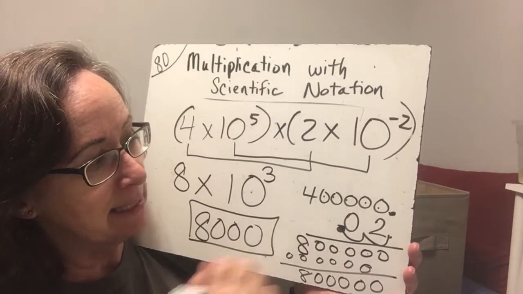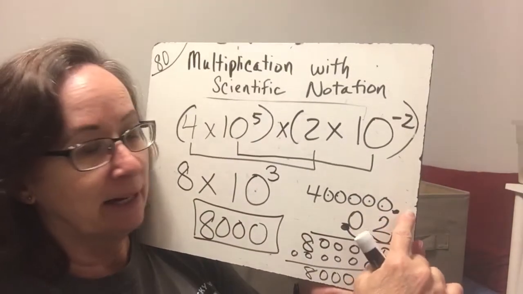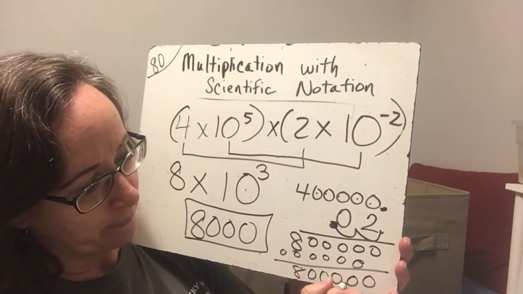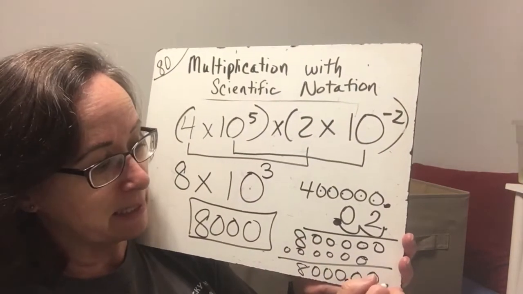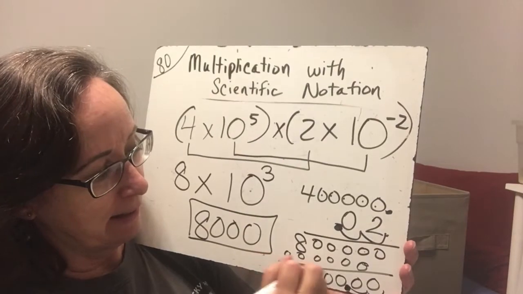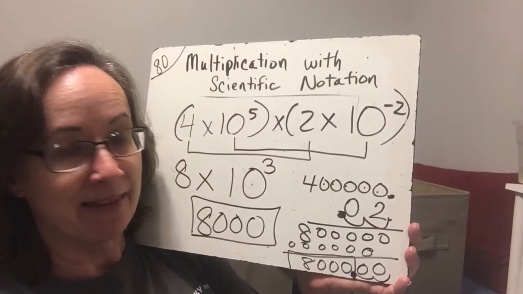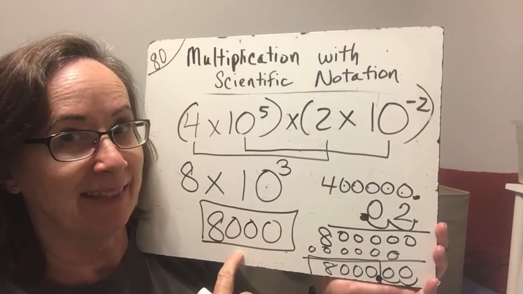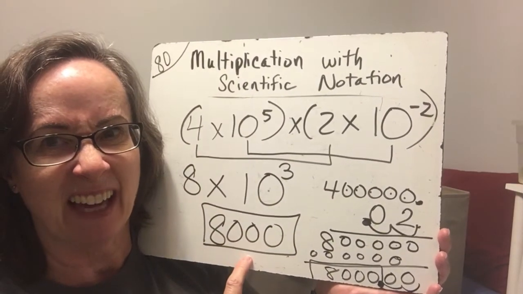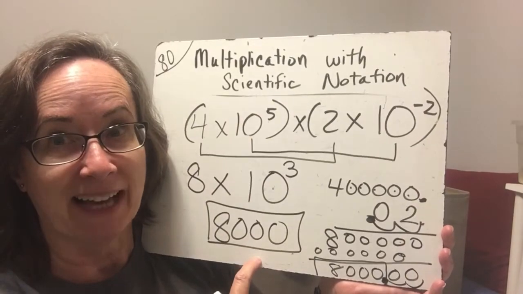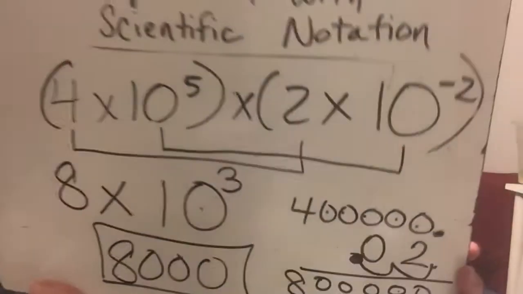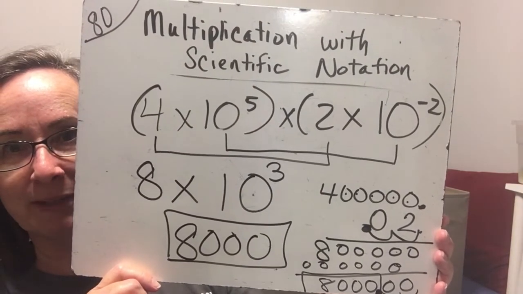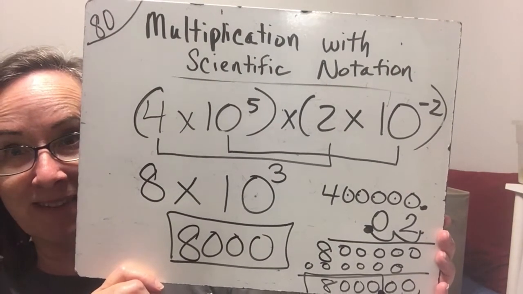Okay, and how many decimal places, though? No decimal places on top, but 2 decimal places on the bottom. We come over 2 decimal places from the right, and guess what we have? 8,000. What did we have when we did it the fast, easy way? 8,000. I'd rather do it this way. This way's faster. Okay, so there's your first little example, and multiplying with scientific notation is just faster.